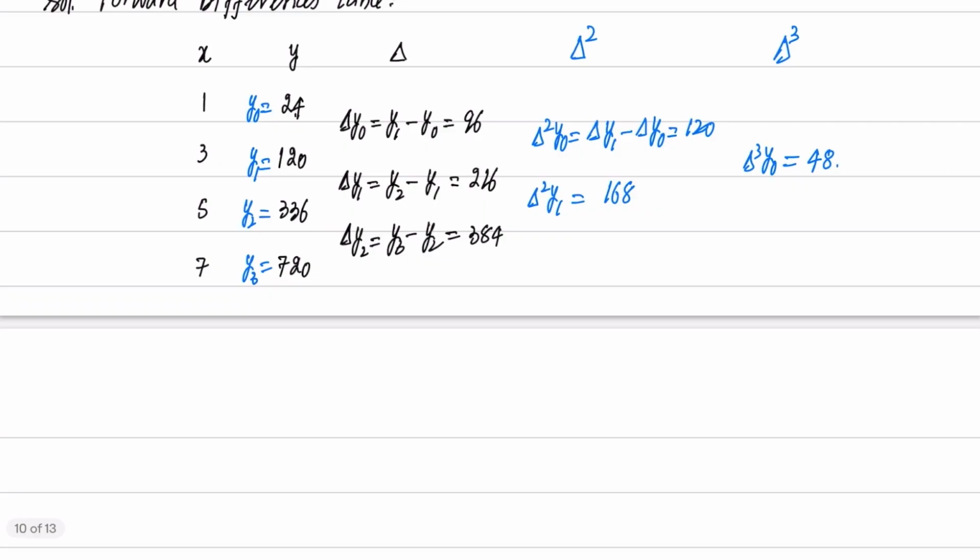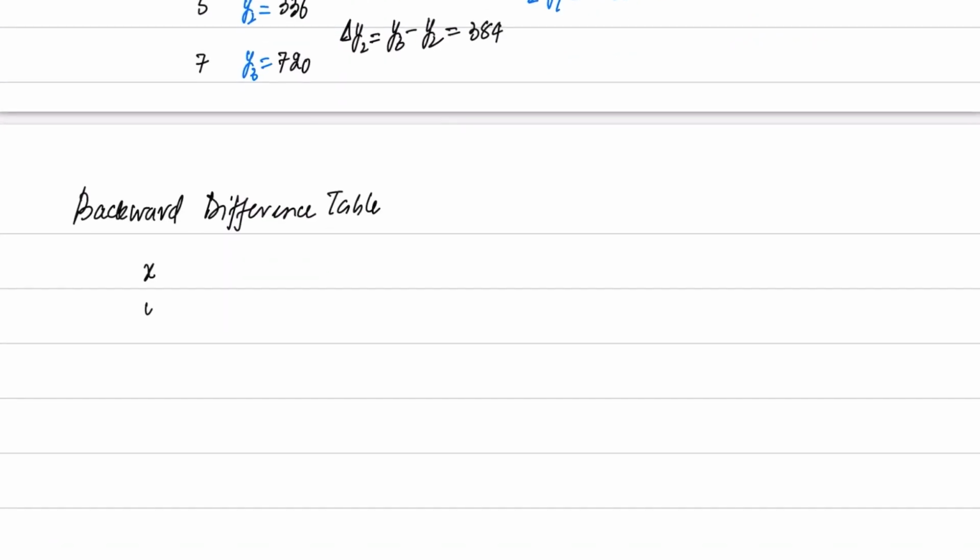Now similarly the backward difference table. We will form the table in a similar way.